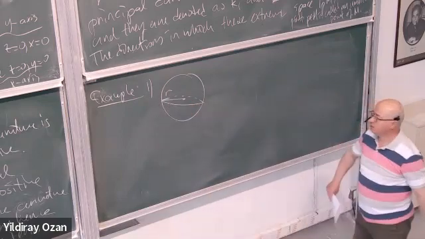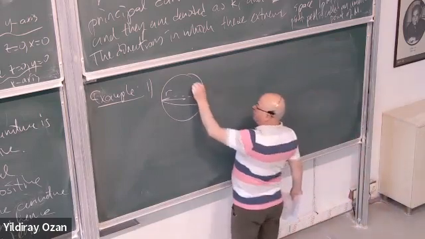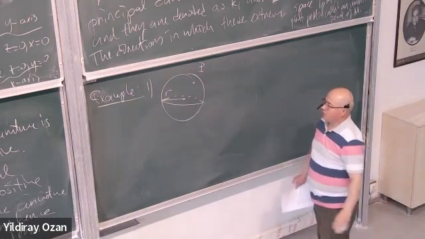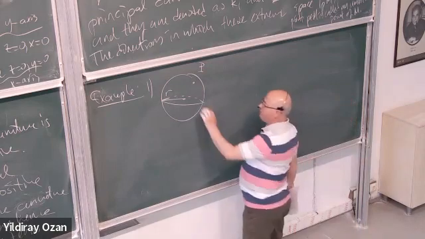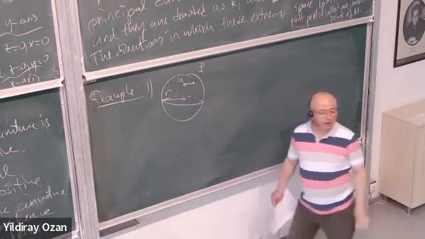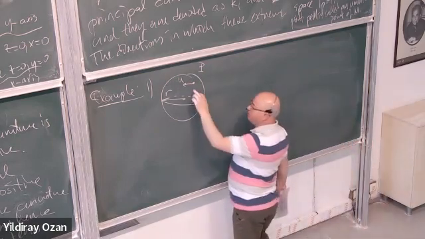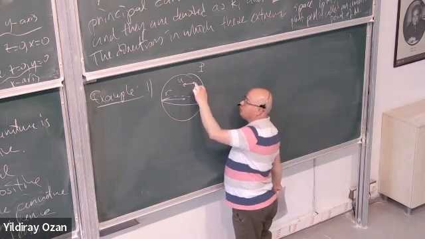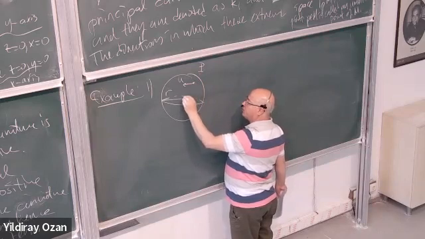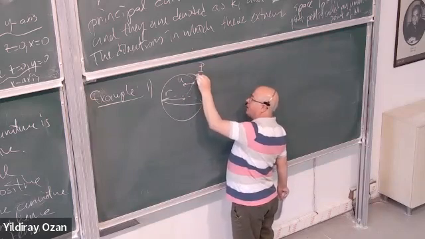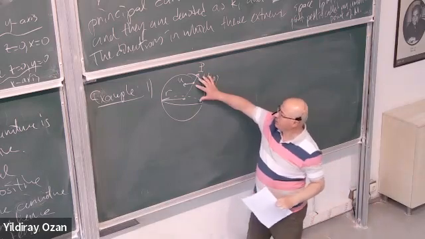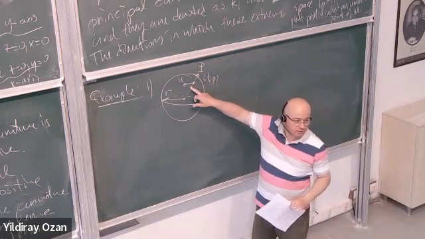Choose any point P. So if you choose any vector tangent to the surface at this point, let's say u, and consider the plane containing this and the normal vector to the surface at the point P. The normal vector to the surface is just this vector, right? Let me choose the outer normal. This is the normal vector, and this is any tangent vector.